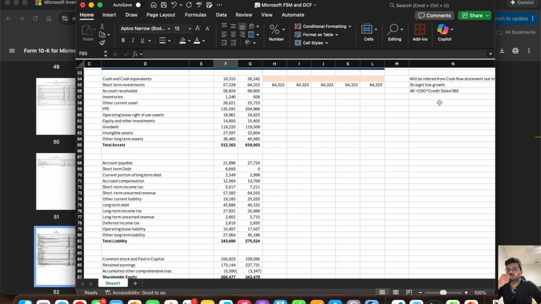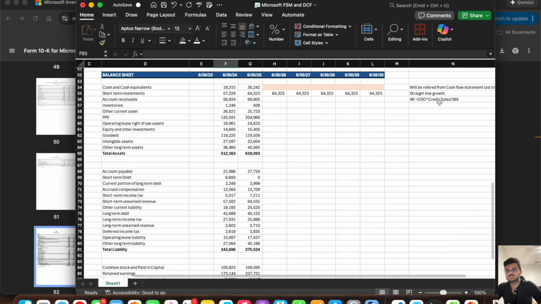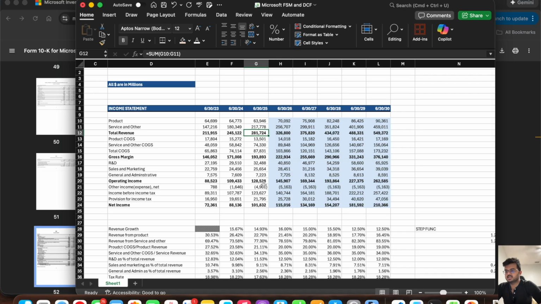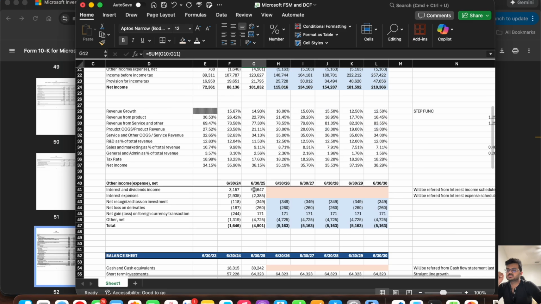In Microsoft, or for that matter a lot of companies, they don't explicitly mention how much revenue they have sold on credit. But we know the total sale. Since we don't have the exact credit sale number, I'm going to take the total sales or total revenue as a proxy for it.